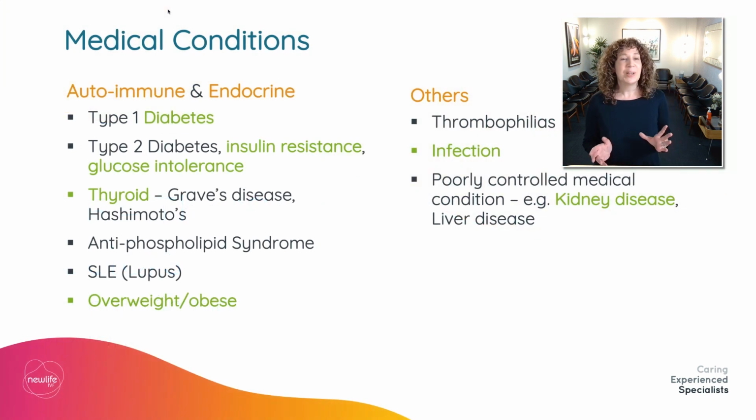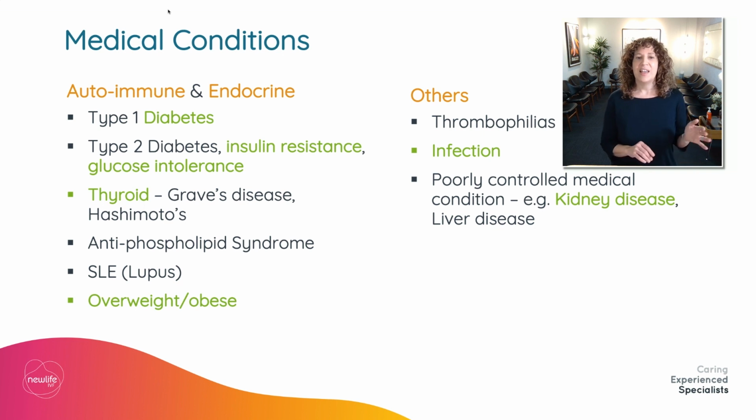So firstly, I'm going to talk to you about some medical conditions. On the left-hand side of the screen, I've written autoimmune conditions and endocrine conditions. Autoimmune conditions means these are diseases where your own body makes antibodies that can effectively attack other cells in your body.